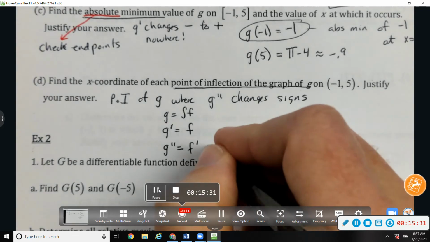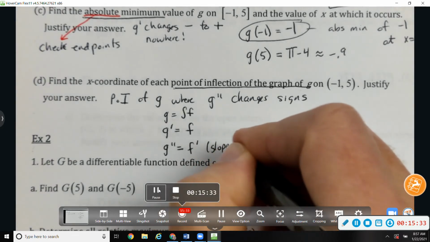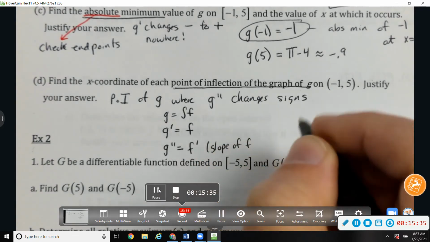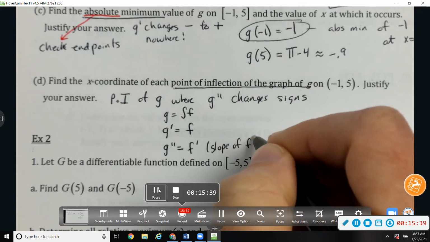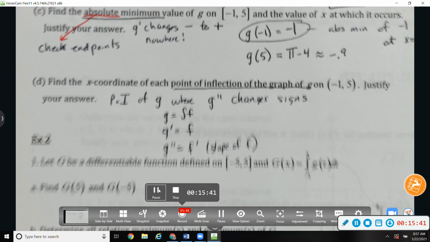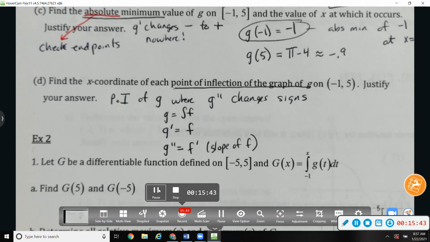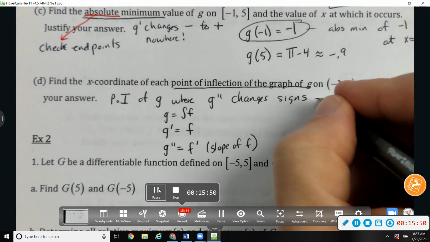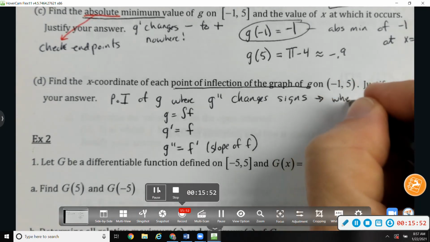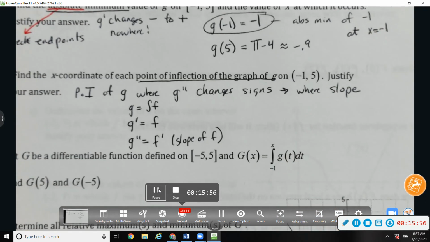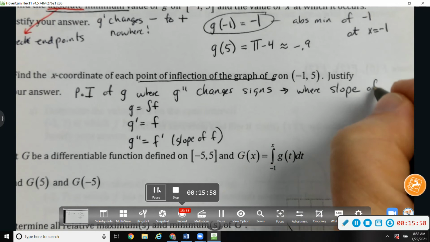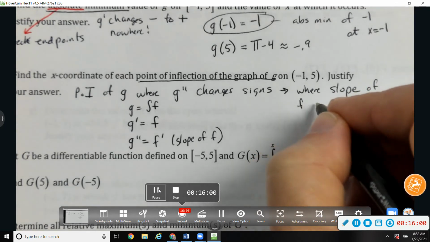And f prime means the slope of f, which is the graph that we have. So we have the graph of f. We can find the slope of f, which is also equal to g double prime. So g double prime changes signs where the slope of f changes signs.